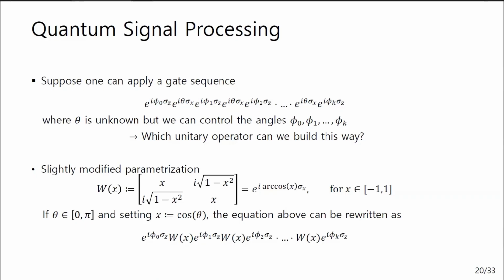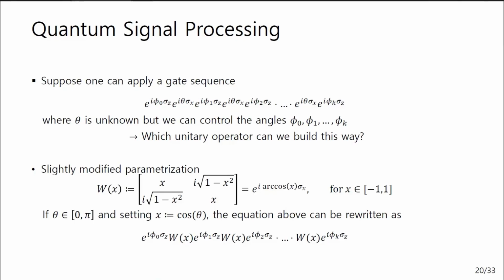Which unitary operators can we build this way? Before answering that question, I want to slightly modify the parameterization and define Wx as the matrix x, i square root of 1 minus x squared, i square root of 1 minus x squared, x.